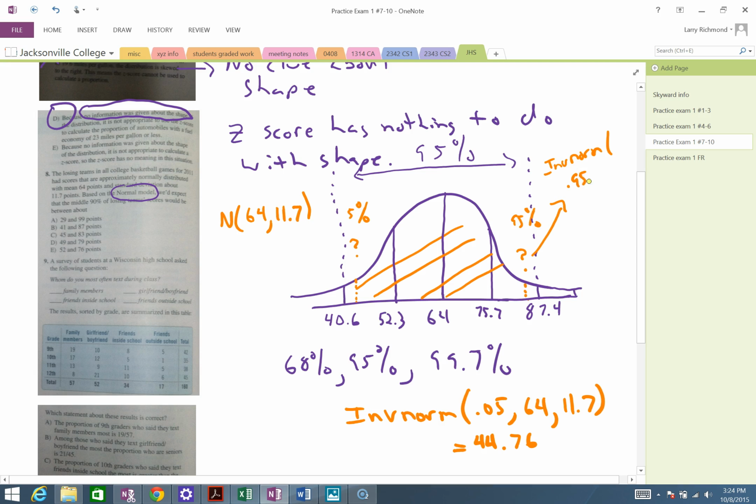It's the 95th percentile. 64 and 11.7. And it is indeed approximately 83. So from 44.7 to about 83, that looks like it is closest to C.